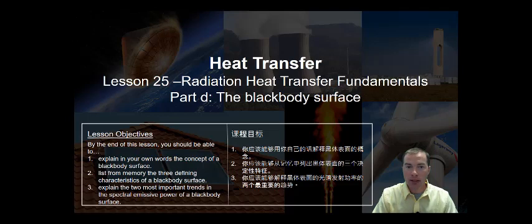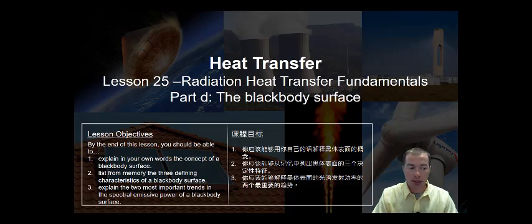The black body surface is one of the most fundamental ideas, and it is important that you understand what a black body surface is and why it is so important in radiation heat transfer theory. By the end of this lesson, you should be able to explain in your own words the concept of a black body surface.